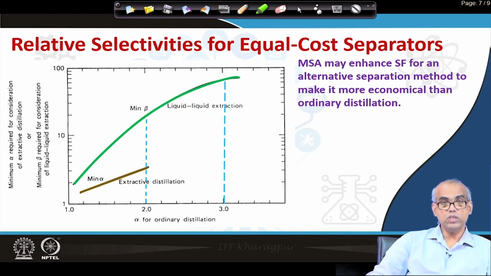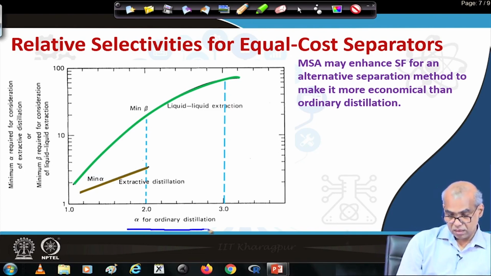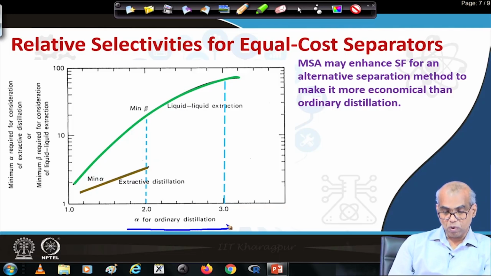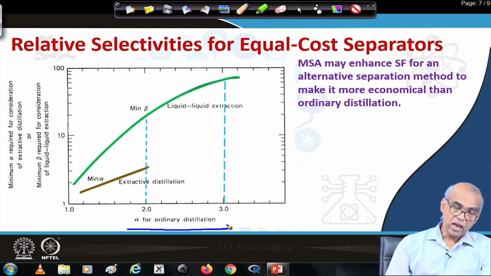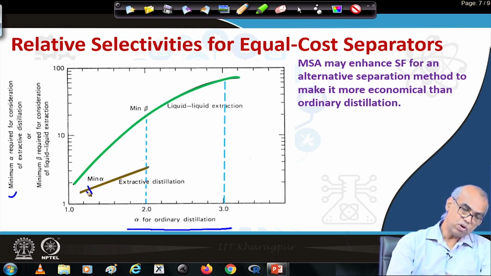Now, the plot shows you, on the x axis, the relative volatility for ordinary distillation, so separation factor for ordinary distillation, and on the vertical axis the minimum relative volatility required for consideration of extractive distillation, or minimum selectivity required for consideration of liquid extraction.